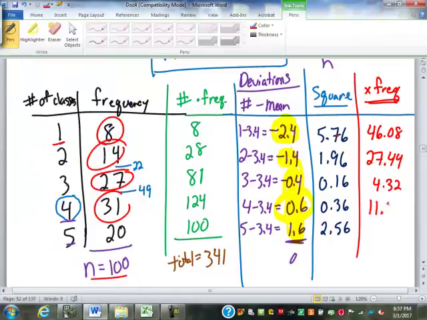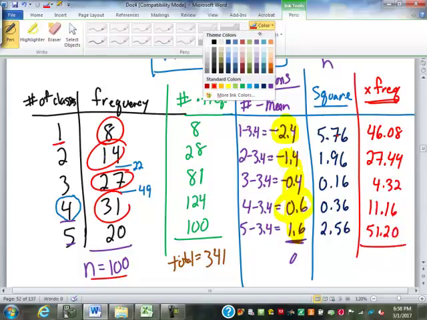11.16. And 2.56 is multiplied by 20, so 51.20. Now I can add them all together.